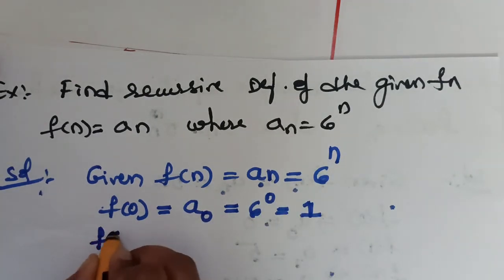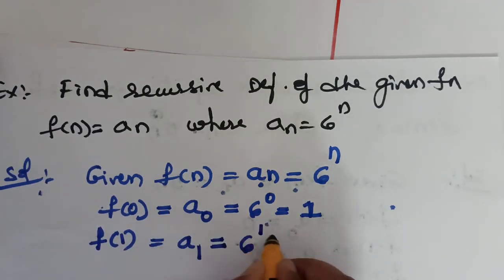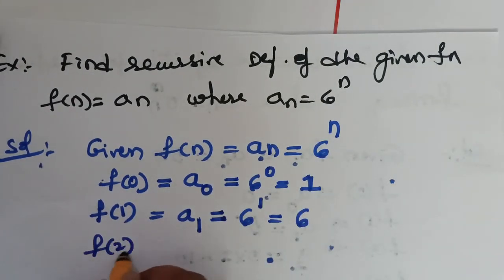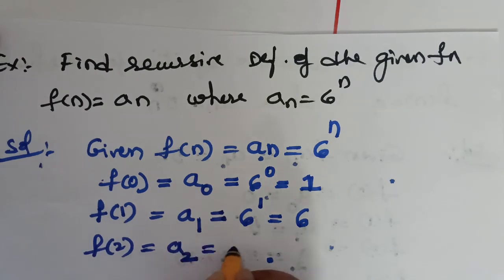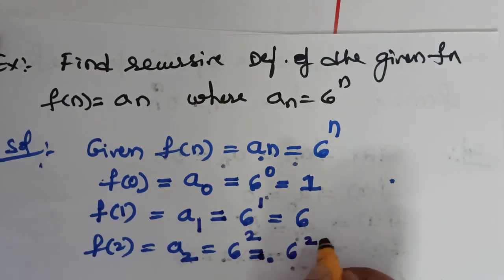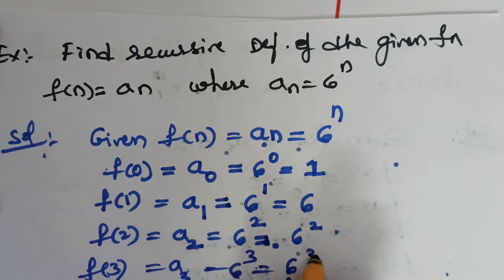Next, n is equal to 1. f of 1 is a1. This is equal to 6 power 1, which is 6. f of 2, a2, 6 power 2. f of 3, a3, 6 power 3.